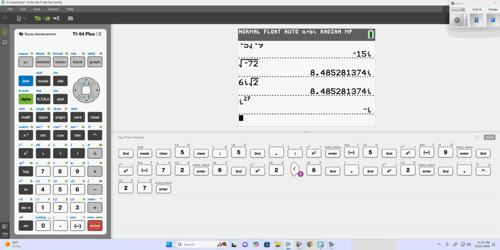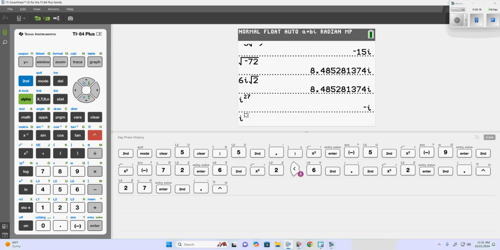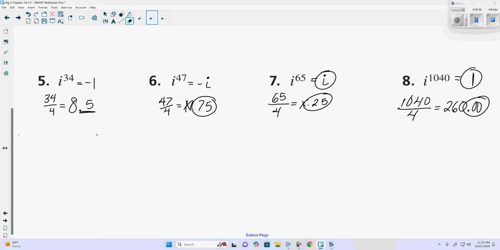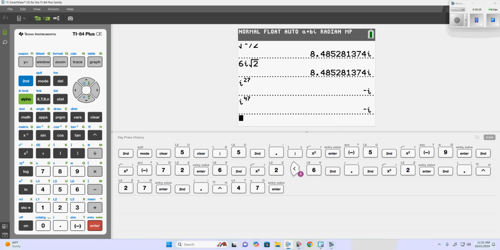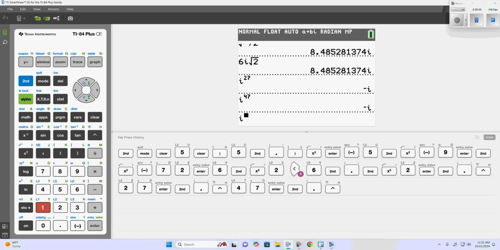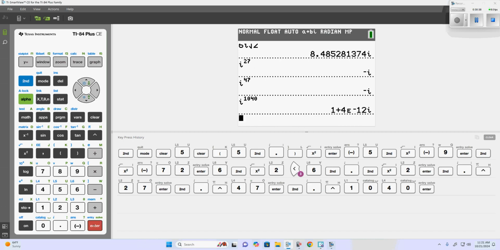It tells us it is negative i. i to the 47 is negative i. And this works well. So the last one, all right, i to the 1040 gives 1 plus 4e to the negative 12i.